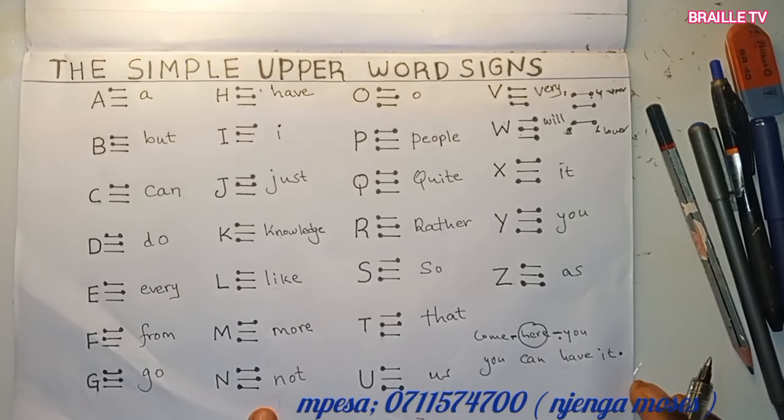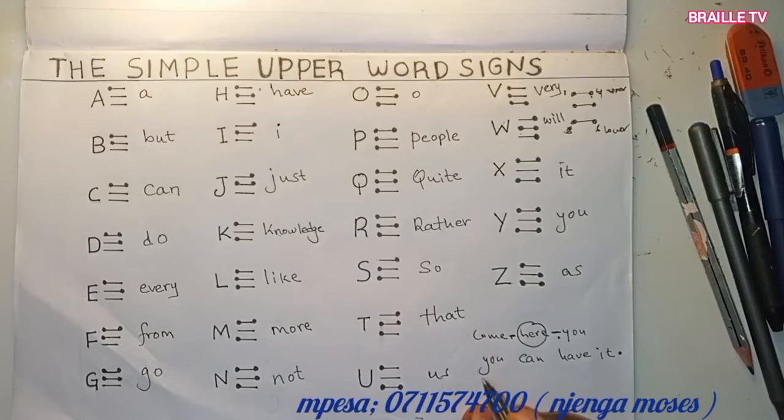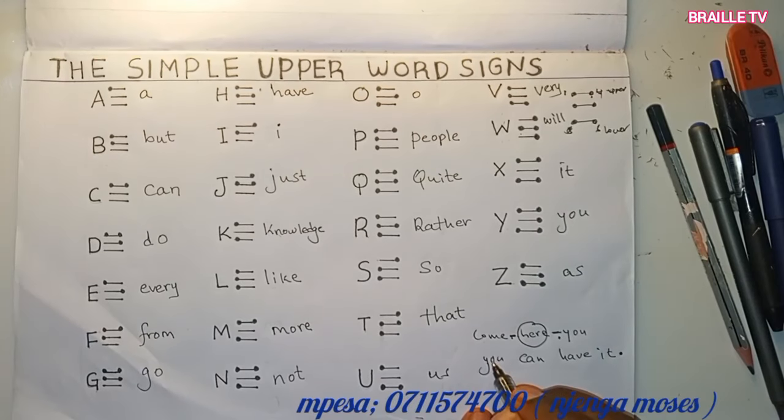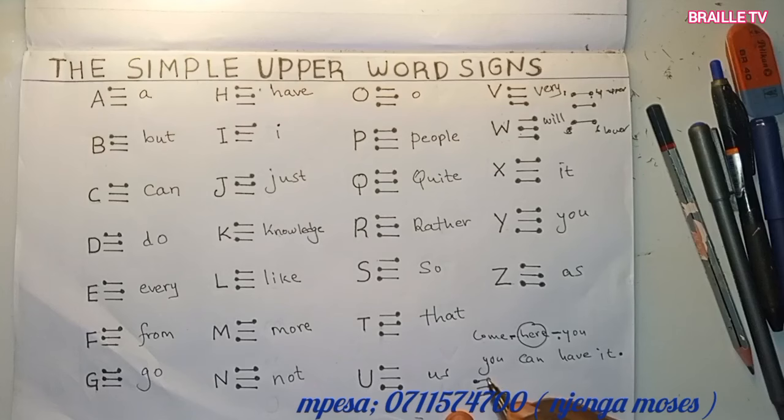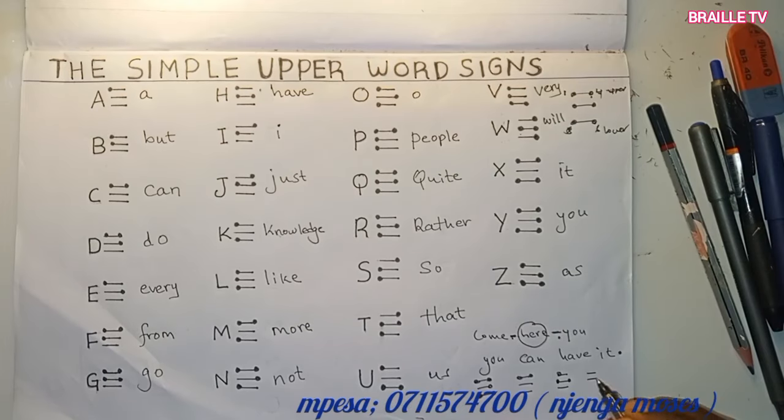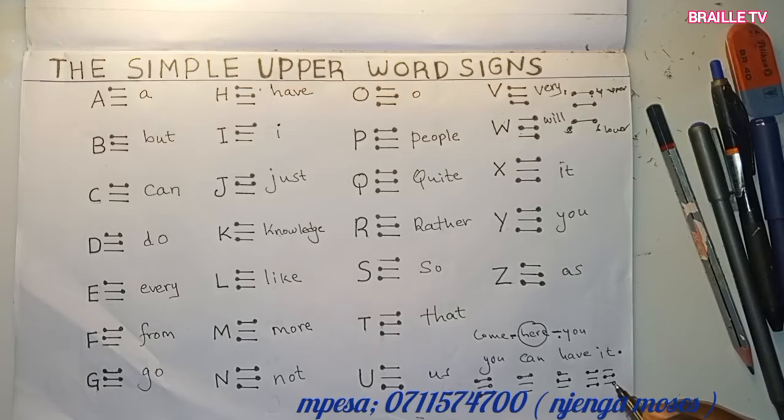Now when writing in Braille, you don't write letter W, letter O, and letter U. No, you contract it, whereby we said U, it is Y standalone, can is C standalone, have is H standalone, and it is X standalone. Full stop is just a lower D. We will look at it when we come to punctuation.